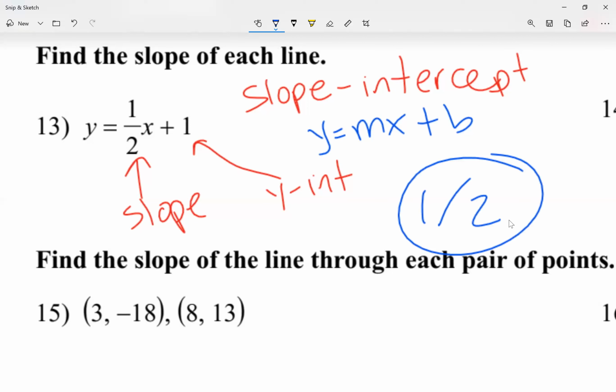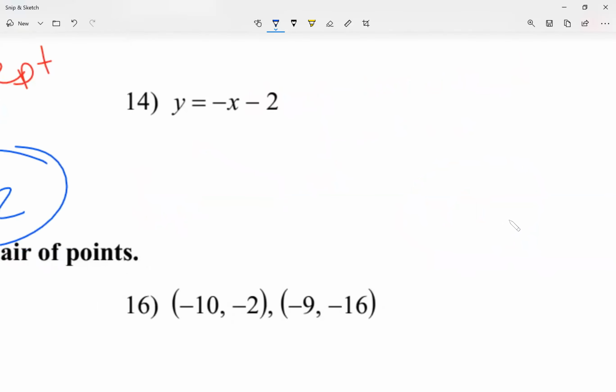In an arithmetic sequence, we call it common difference. In algebra 1, we call it slope. The slope is the number that comes with the x. Now, if there's a negative sign on the top or the bottom of my fraction, bring it to the front. Let's take a look at question number 14.